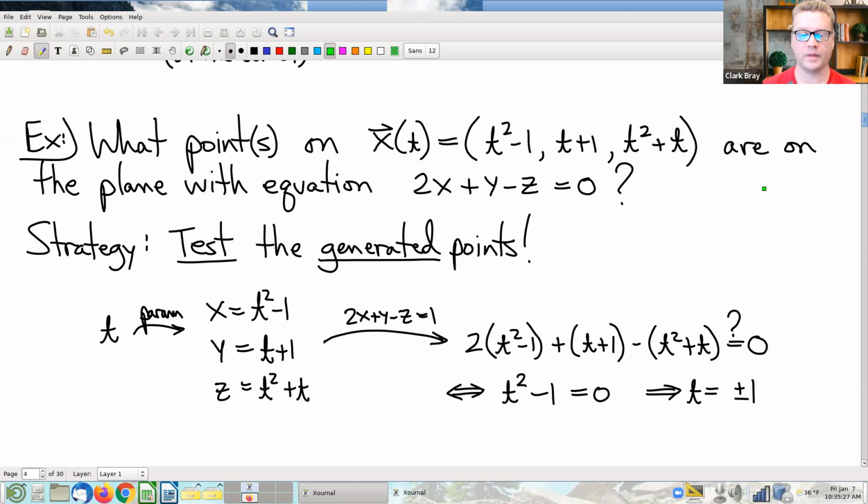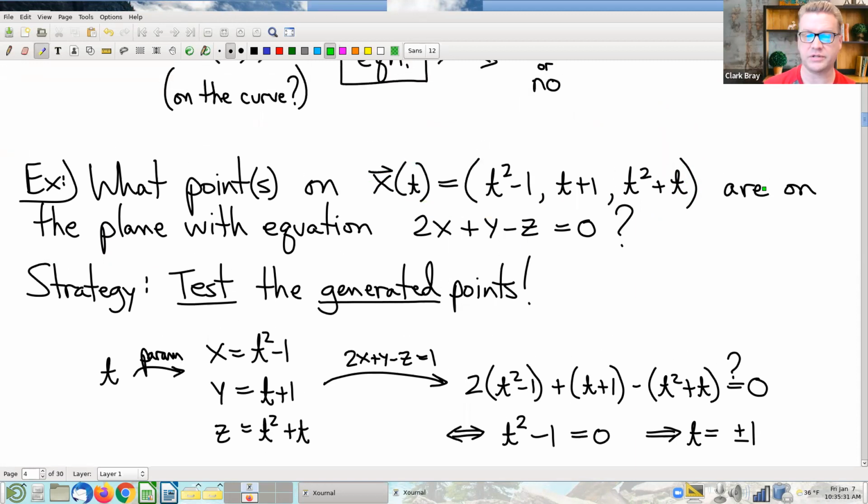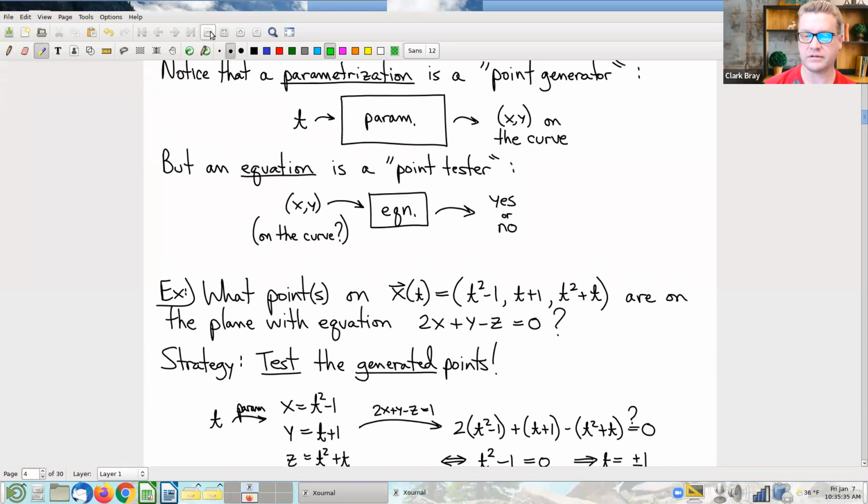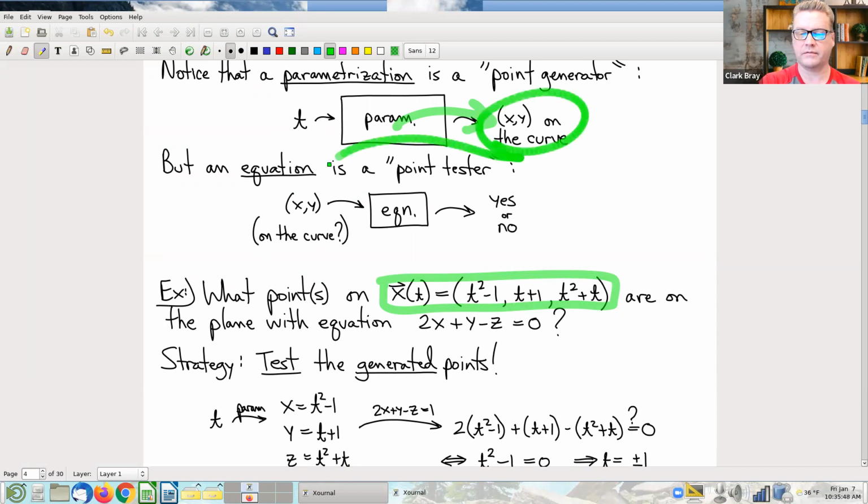So the big idea is we're going to literally test the generated points. Keep in mind, this parameterization spits out points that are on that curve. Of those points on the curve, I want to know, are they also on the plane?